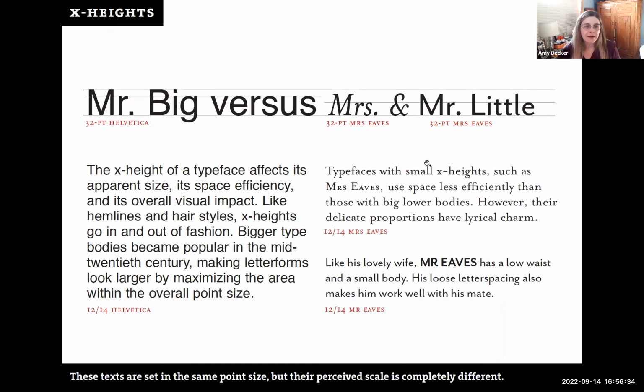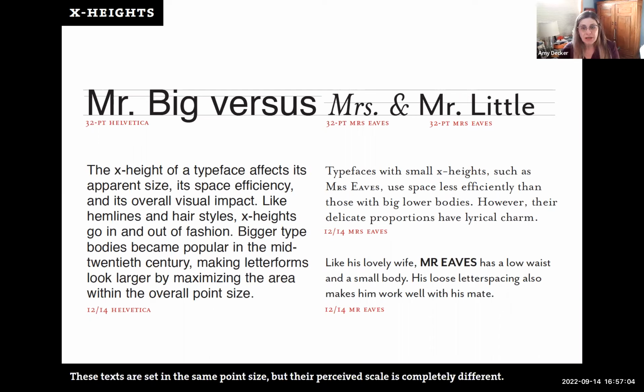Okay, so the X height of a typeface affects its apparent size. It makes it look bigger. So in other words, Helvetica looks much bigger than Mrs. Eves set in the same point size. Its space efficiency and its overall visual impact, like hemlines and hairstyles, everything goes in and out of style. Bigger type bodies became popular in the mid-century, hence Helvetica, which was like the king of the mid-century design era.